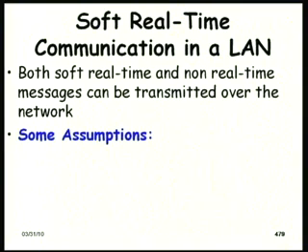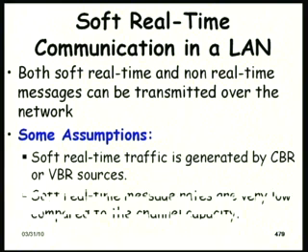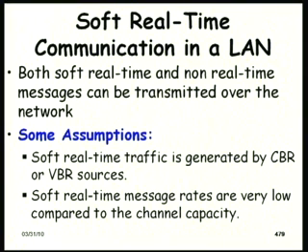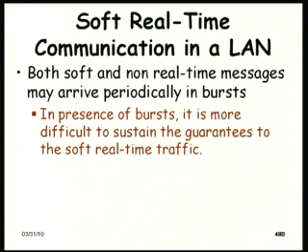Some of the assumptions that we will make here are that the soft real time traffic is either CBR or VBR, and the soft real time message rates are very low compared to the channel capacity, and these can arrive periodically or in bursts, and in the presence of bursts it becomes difficult to sustain the guarantees.